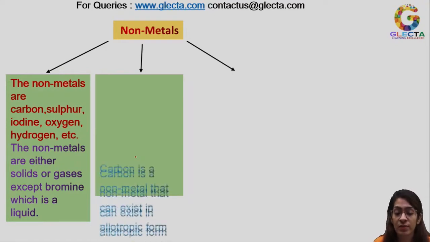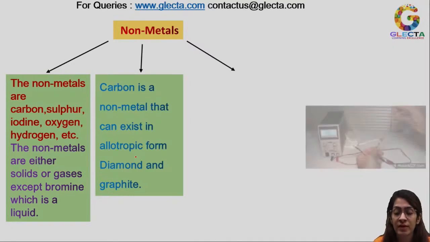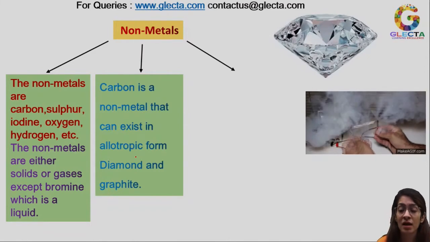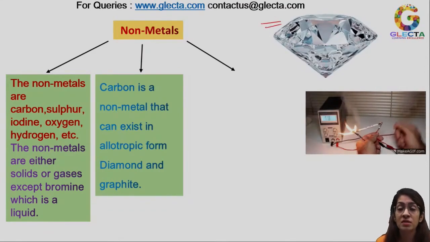Carbon is a non-metal that can exist in various allotropic forms. Carbon has different allotropic forms, which are diamond, graphite and Buckminster fullerene. You see here, carbon has an allotrope which is diamond, and it is the hardest known substance.